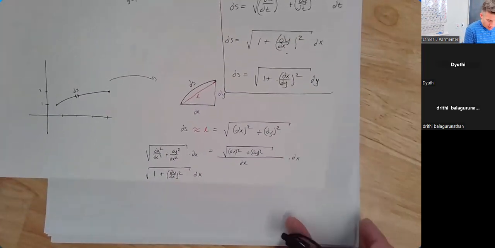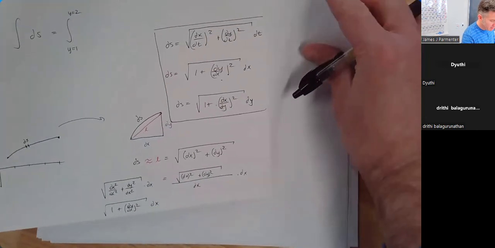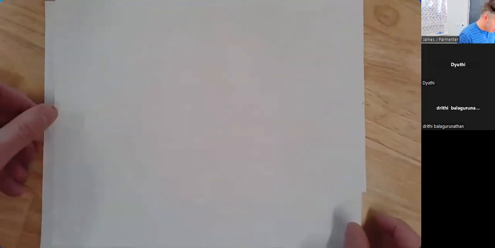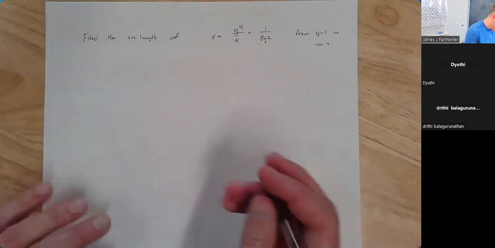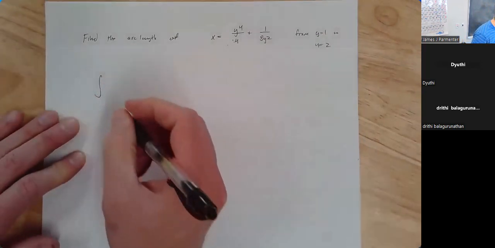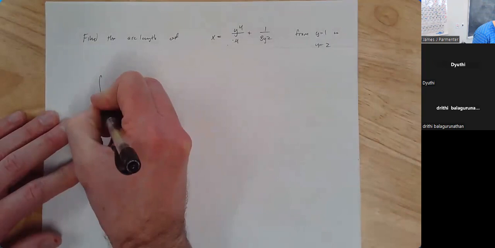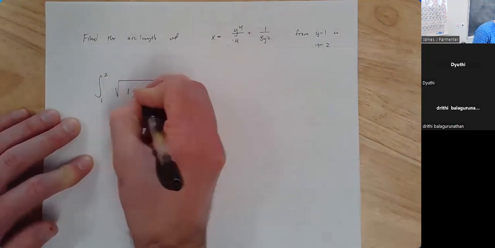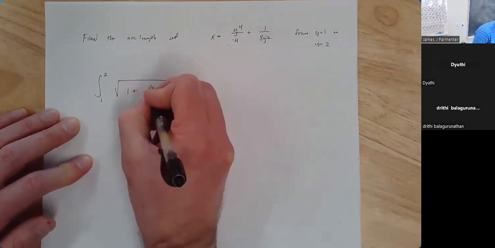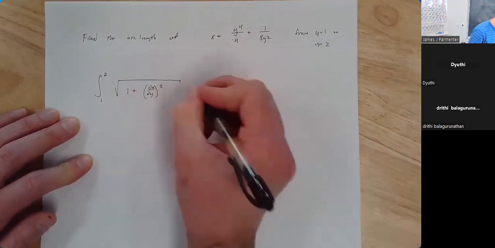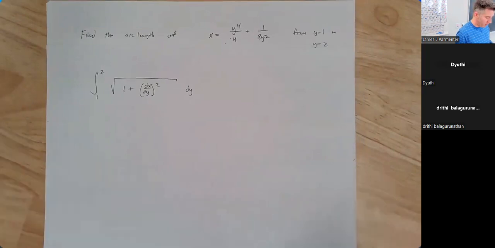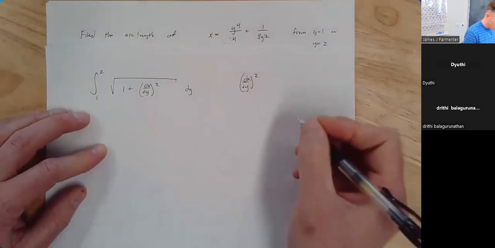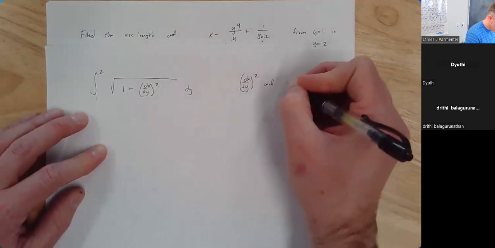But here's what I want to point out. This specific type of problem has a very well-known pattern that always happens. When we find the integral from y equals 1 to y equals 2 of the square root of 1 plus dx dy squared dy, here are the things to look for. dx dy squared will have a middle term that is negative 1/2.